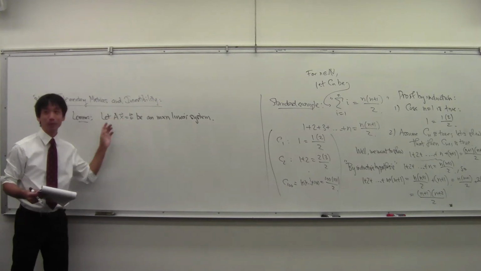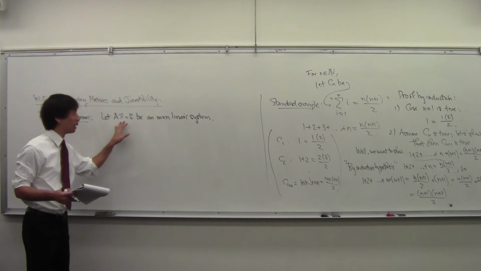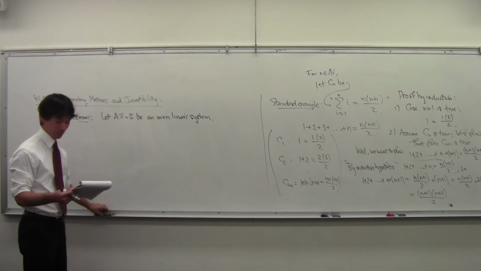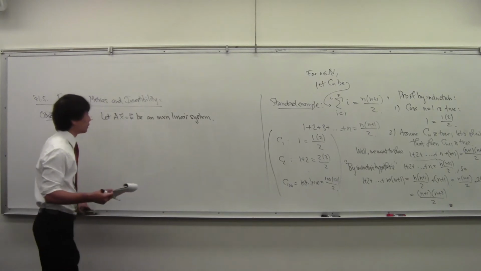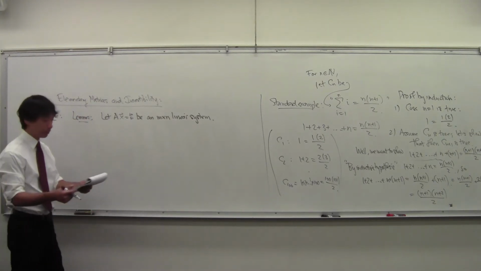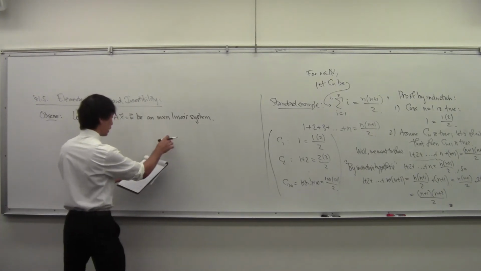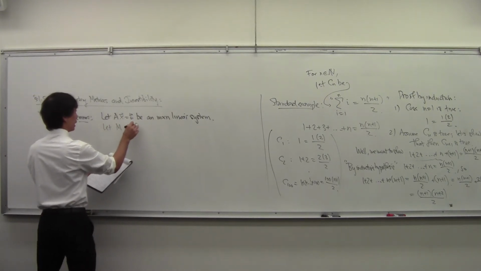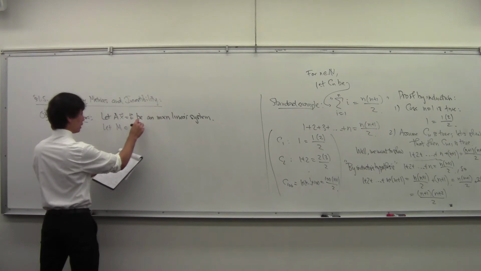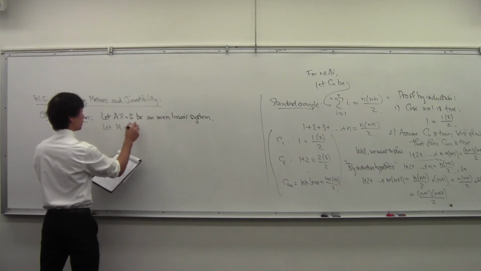It's just some vector. Okay, so let AX equals B be an n by n linear system, and let M be an n by n matrix. I'm sorry, an m by m matrix.